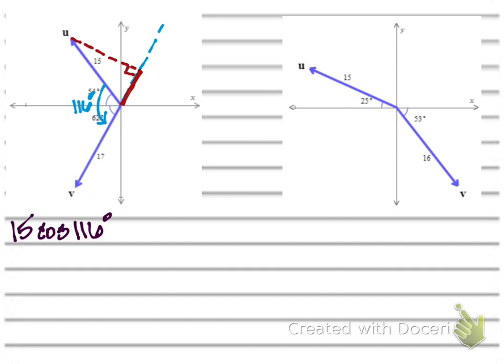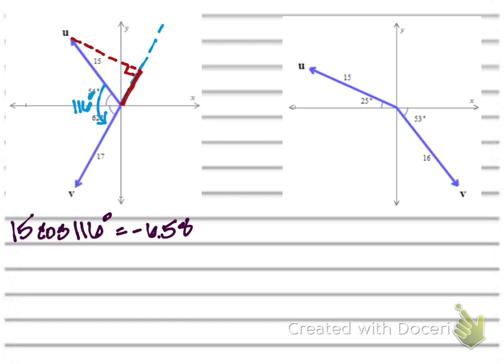And cosine in the second quadrant is negative, right? So we're not going to be surprised when we get a negative answer. 15 cosine 116 is negative 6.58. And again, what that negative tells me is that it's not on the vector itself, that it's on the back side of that vector.